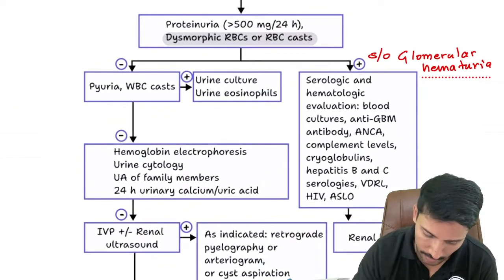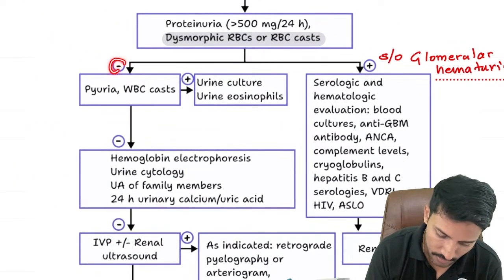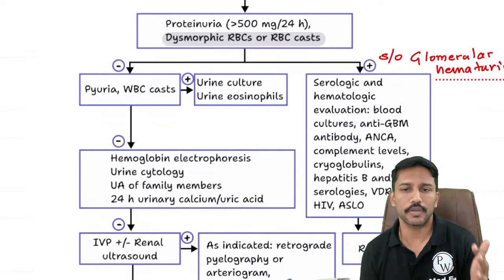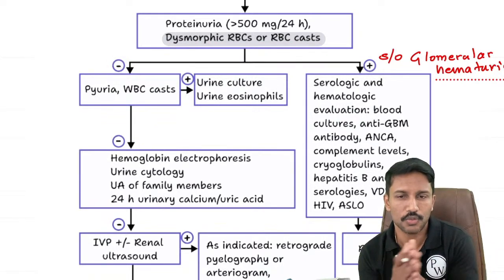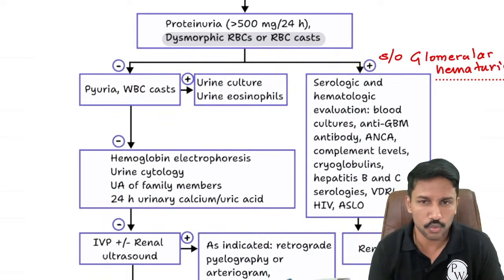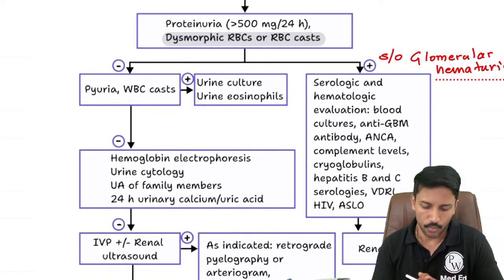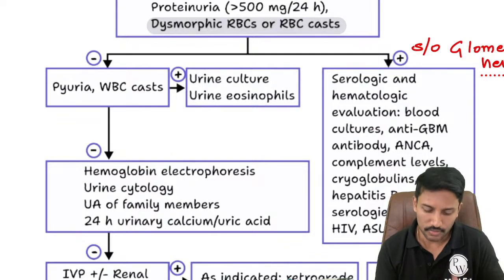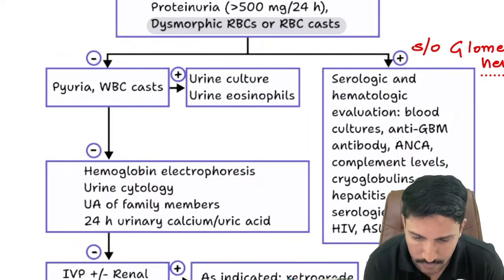Okay. If these are negative, meaning there are no dysmorphic RBCs or RBC casts, that rules out glomerular pathology, and I should start thinking of a non-glomerular source for the RBCs. So it could be pyelonephritis, interstitial nephritis, right? That's why we look at some other parameters.